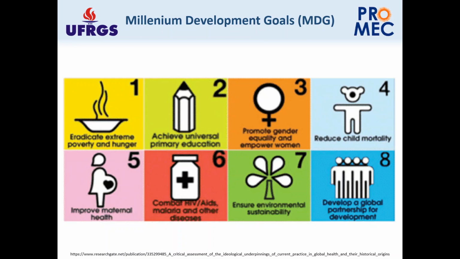Every country which takes part in the UN has the goal of achieving these Millennium Development Goals, which are to help other countries which are very poor to eradicate extreme poverty, achieve universal primary education, promote gender equality and empower women, reduce child mortality, improve maternal health, combat HIV, AIDS, malaria, and other diseases, ensure environmental sustainability, and develop a global partnership for development.